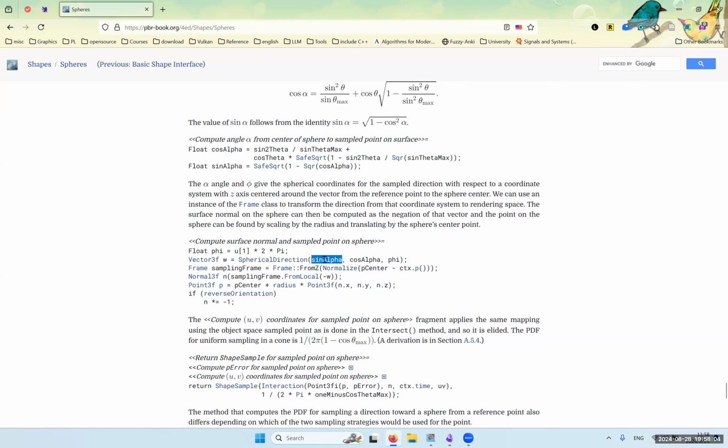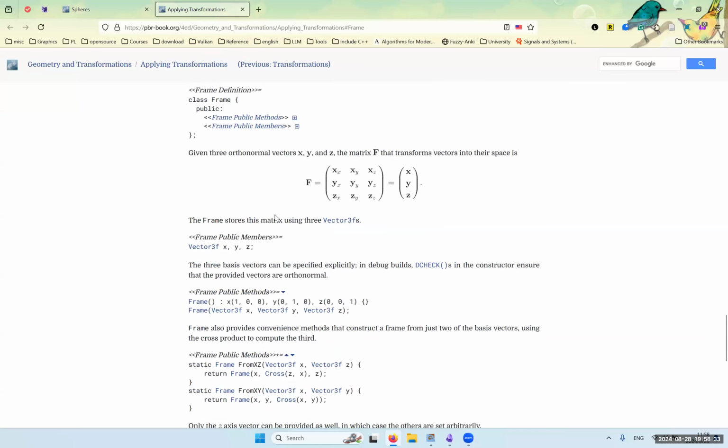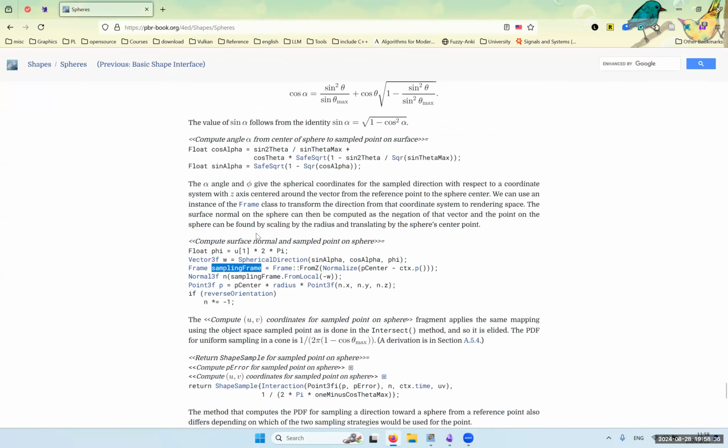Oh, I see. It just gives spherical coordinates in sine, cosine form along with phi, and then it computes a vector. Then we bring the transform back to render space, and we get a normal and point.